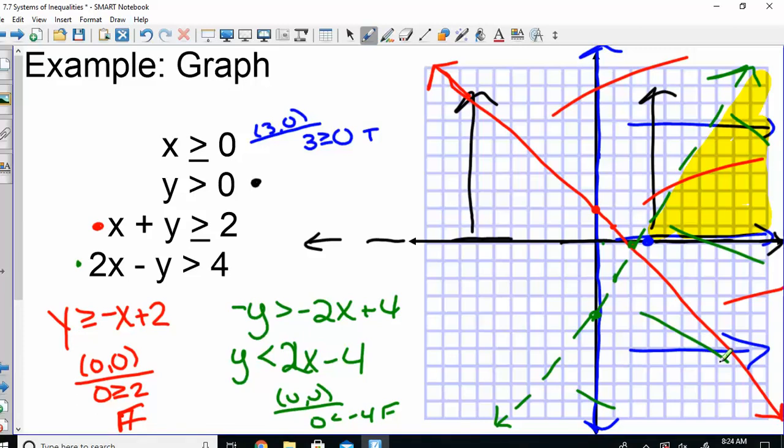So the thing you have to be careful of, the more equations you get, the uglier your picture looks. So just make sure you can tell where your shading is. Any questions on that one?